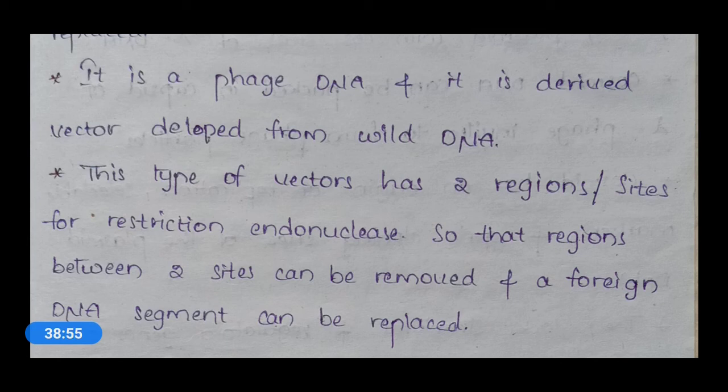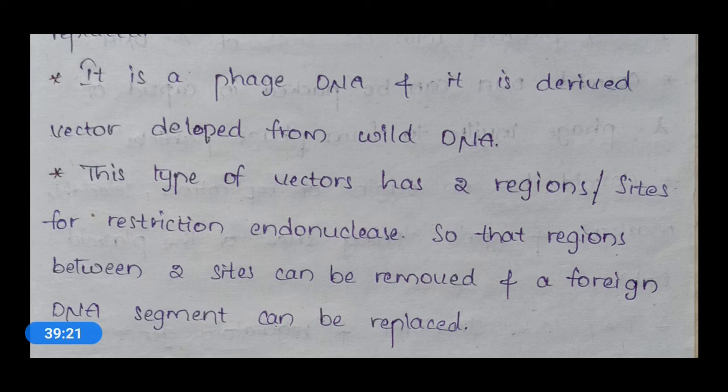Here this is one other important difference from insertion vectors. In an insertion vector, only one restriction enzyme site is present, but this replacement vector contains two sites for restriction endonucleases.